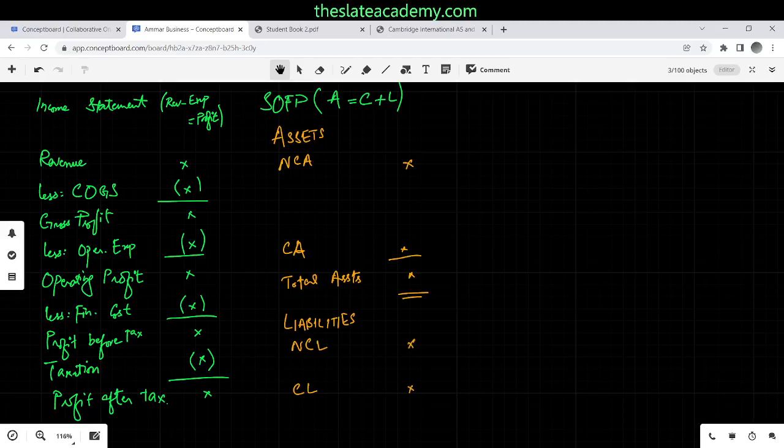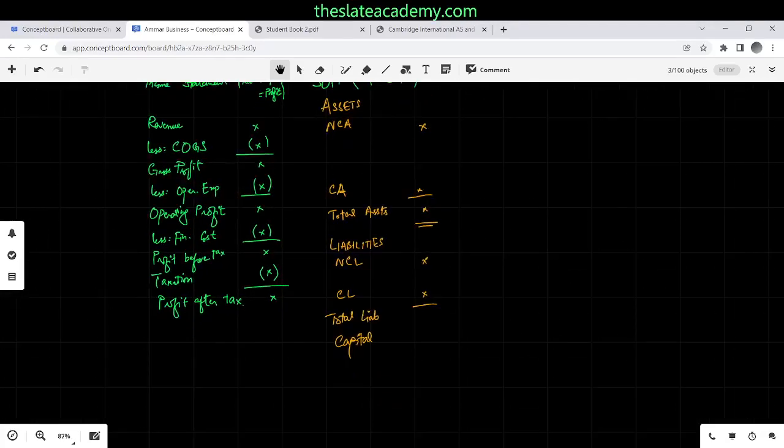So this will give you total liabilities, and to total liabilities, if you add the figure of capital, capital would include the opening capital, the profits that are earned by the business, and the drawings that they have drawn from the business. Net of all that, if you have the total capital figure, you add that, you will have total capital and liabilities.